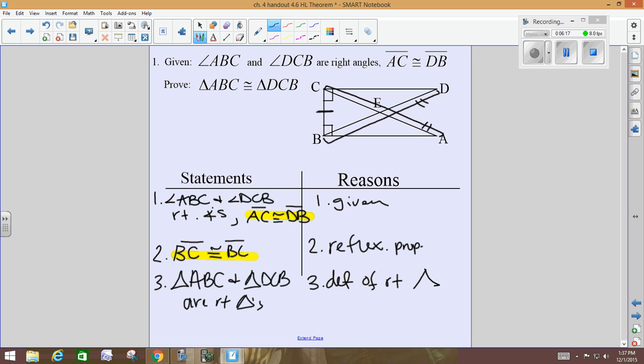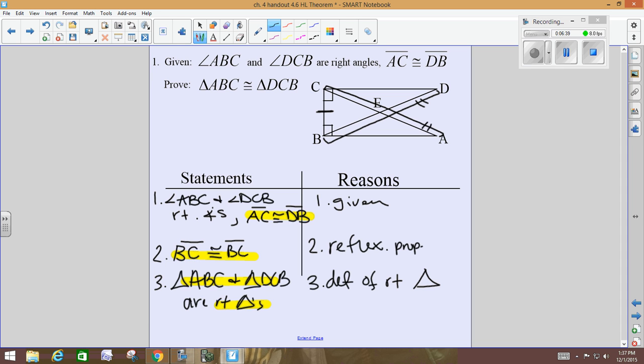So we're going to write by the definition of a right triangle. Nope, it only tells you that you have right angles. You have to tell me that the triangles are right triangles. Without the picture, how would you know? So you have to put it down in words.